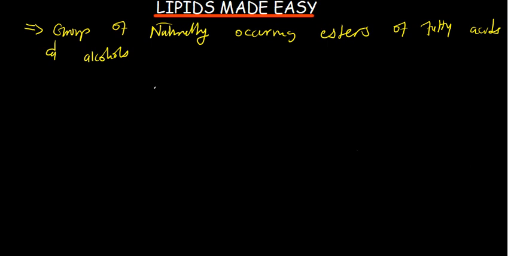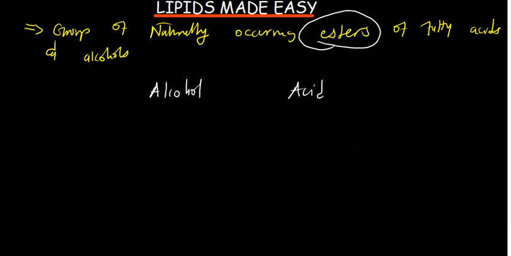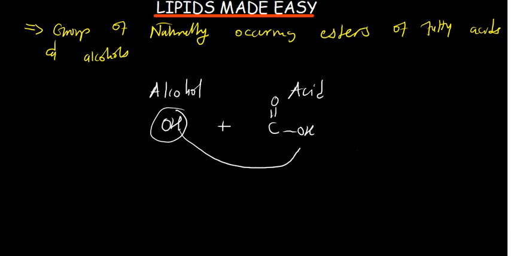So we have an alcohol, and we also have an acid. For you to form an ester, you need the functional group of an alcohol, that is the OH, reacting with the functional group of an acid, which is the carbon double bonded to oxygen, and then OH. This is called a carboxyl group. What happens if this reacts is this OH interacts with this.